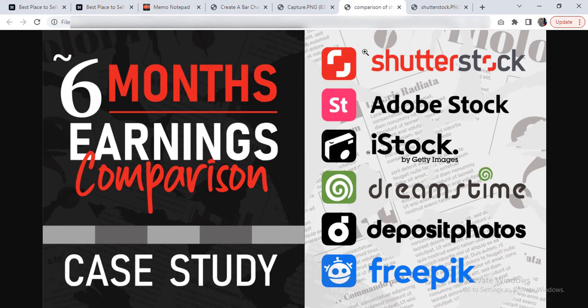So let's say once you have Shutterstock established and it's making a reasonable amount of money for you, proceed to the next one, Adobe Stock, and if both are done, proceed to iStock. If these things are done, do something else, and don't restrict yourself to these stock agencies.